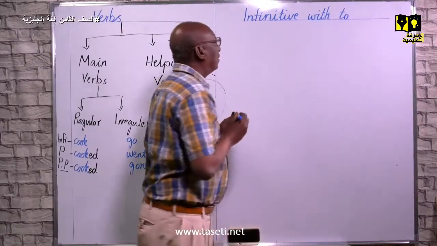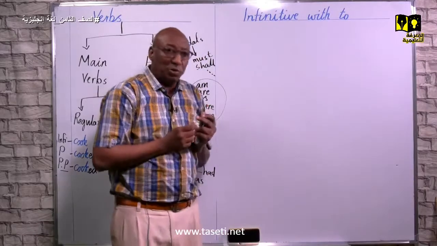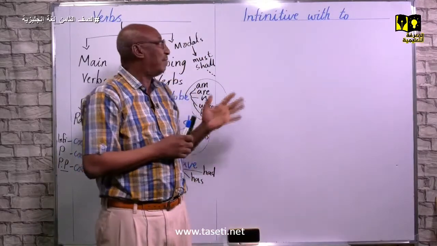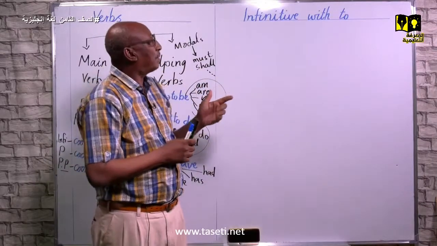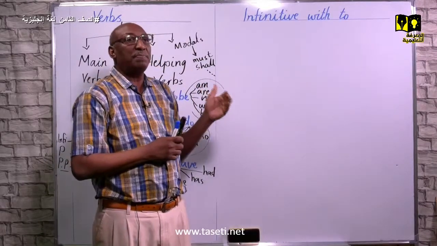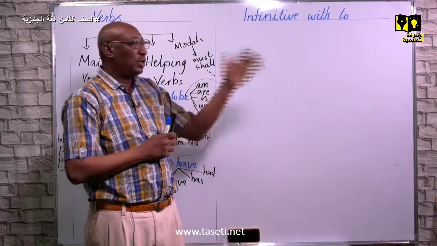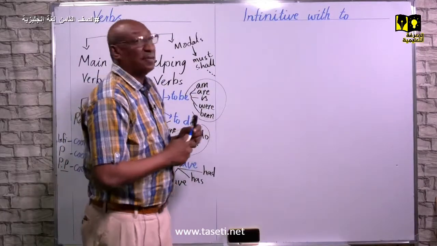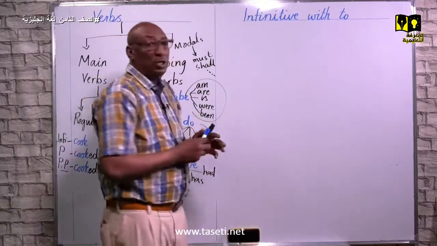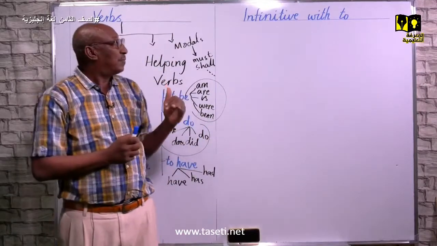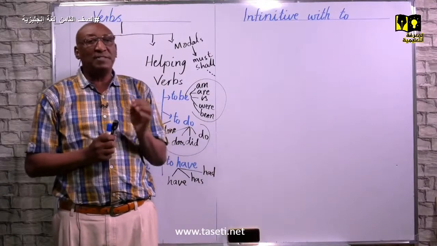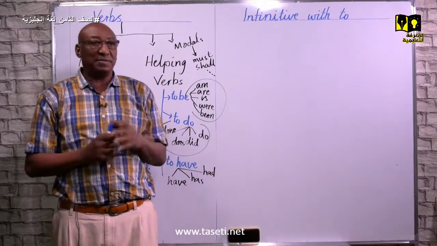By infinitive with to, we mean the verb in its infinitive form, preceded with the preposition to, to and the verb. And we use the infinitive with to when it is preceded by some certain verbs, right?